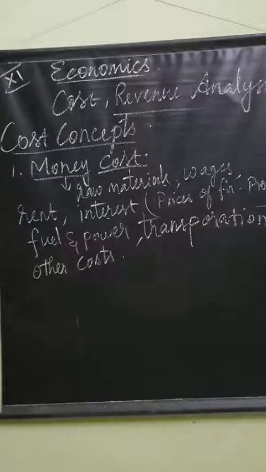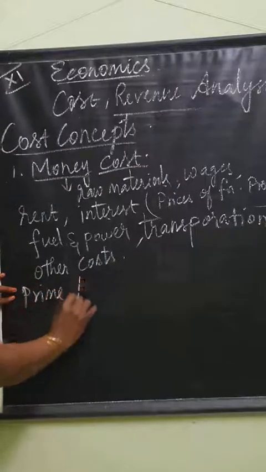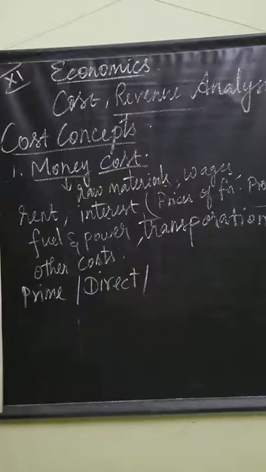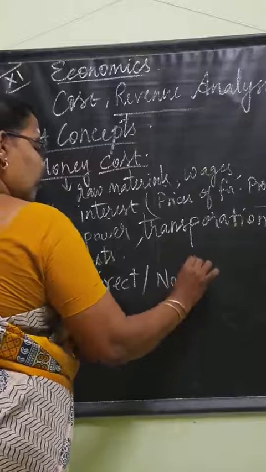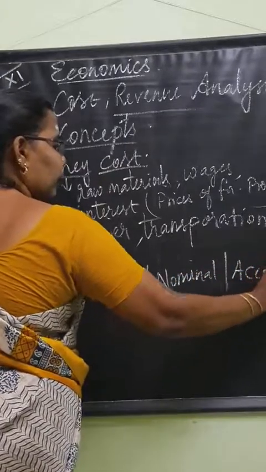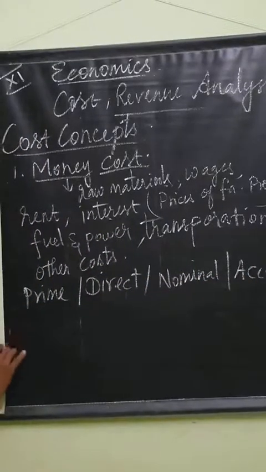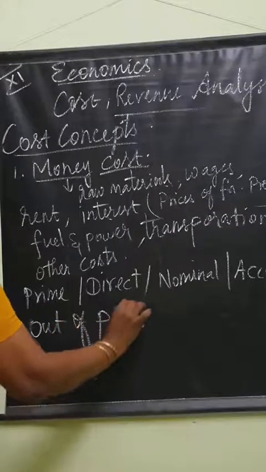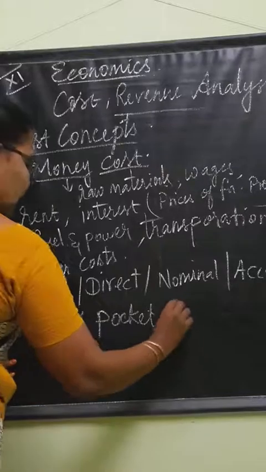And the other names of money cost are prime cost, direct cost. There are so many names they have given. Nominal, mere money, accounting cost, money from out of pocket cost, and also explicit cost.